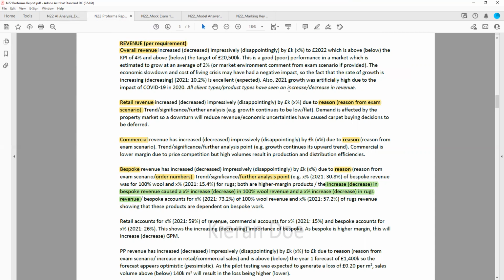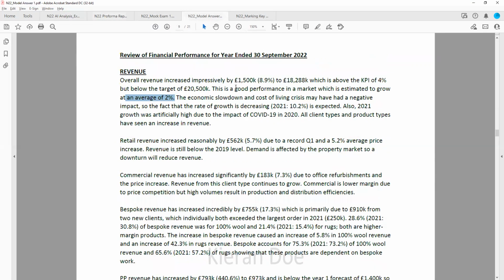So we could mention that 2021 growth was artificially high because we've compared it to the prior year growth. So we've said the economic slowdown and the cost of living crisis may have had a negative impact, and that the rate of growth is decreasing. You can see growth is lower than the previous year. But don't forget that the 2021 growth was almost artificially high because the 2020 numbers were lower because of COVID.